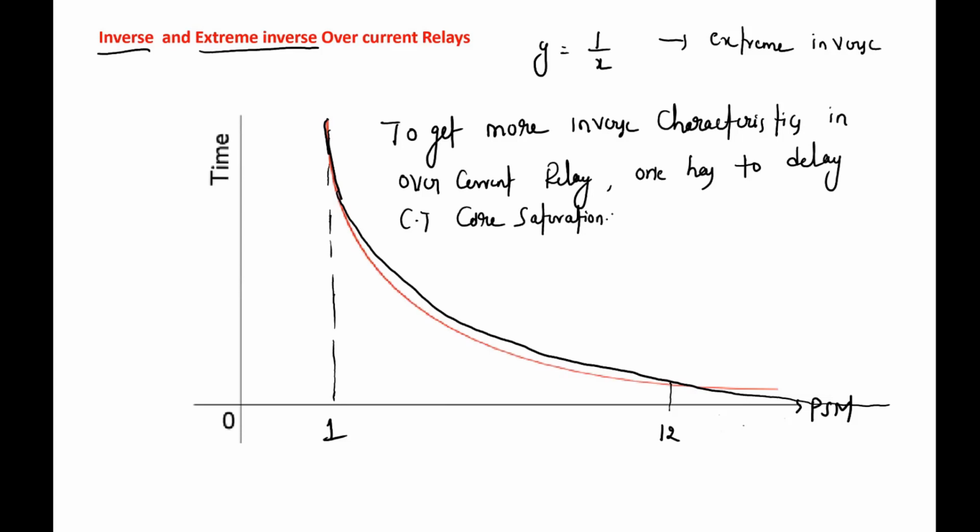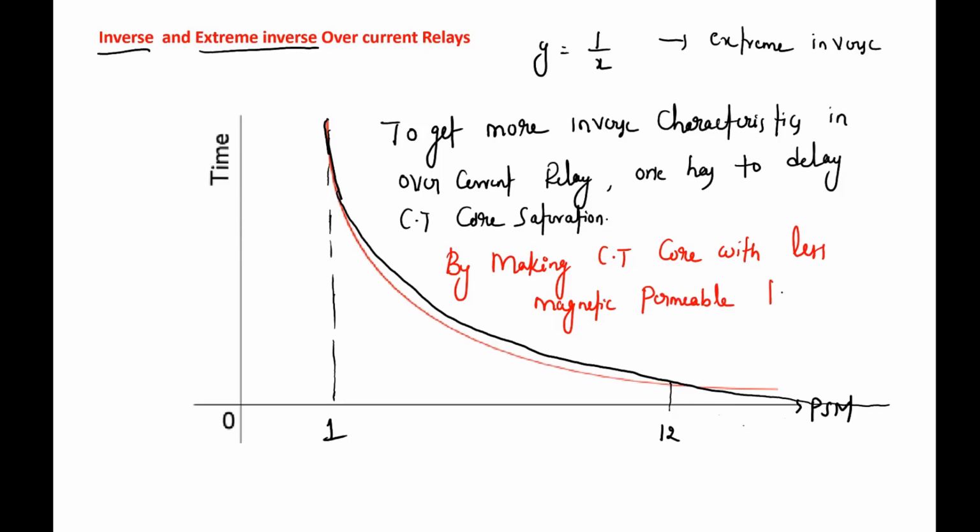How can we delay the core saturation? Make the CT core with less magnetic permeable material. Understand?